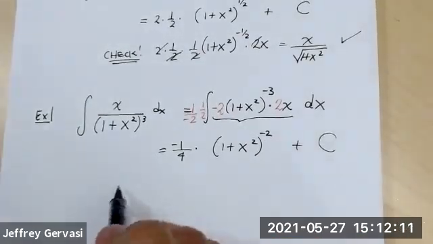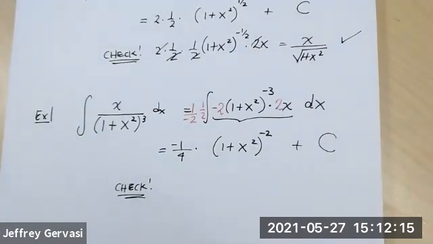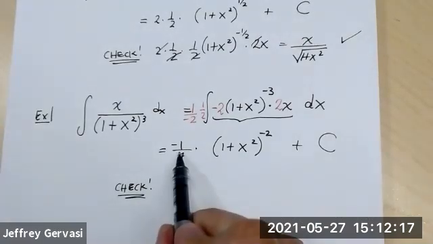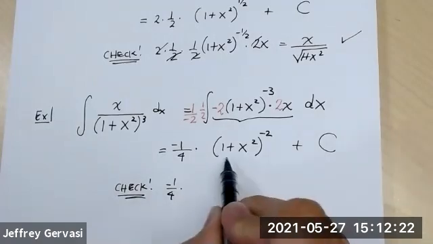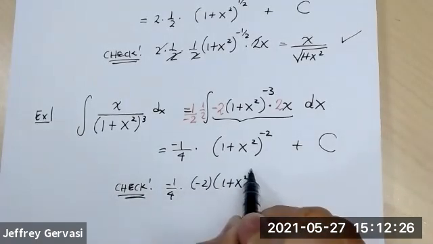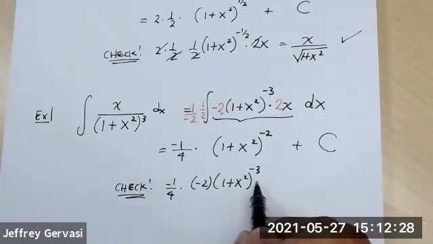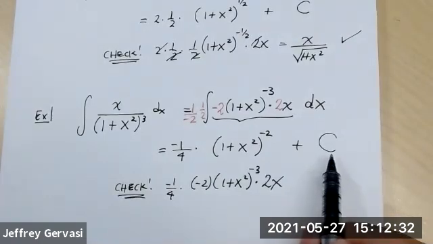All right, now let's check. You don't want to take my word for it. Let's check it. Okay, take the derivative of the answer. All right, so let's set the -1/4 aside. By the chain rule, the -2 comes down, subtract 1 from it, and then multiply by the derivative of the inside. The derivative of that constant is 0, okay?